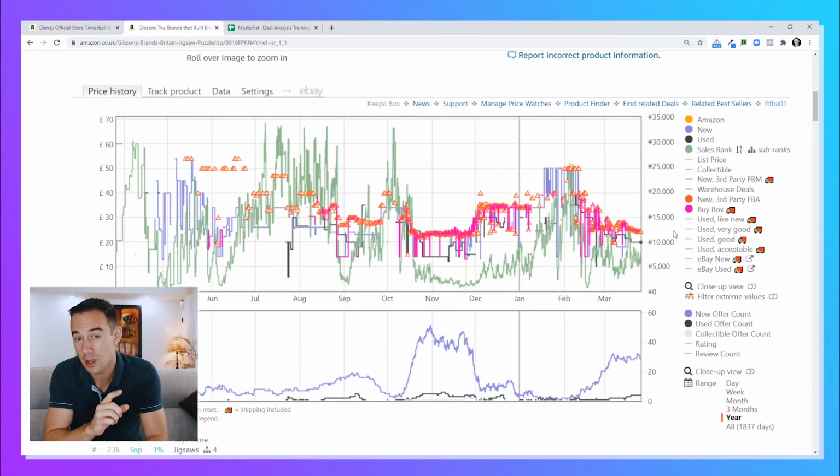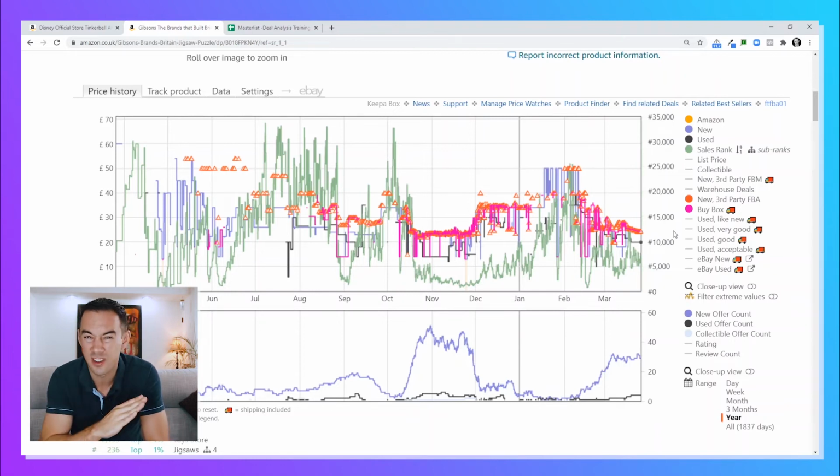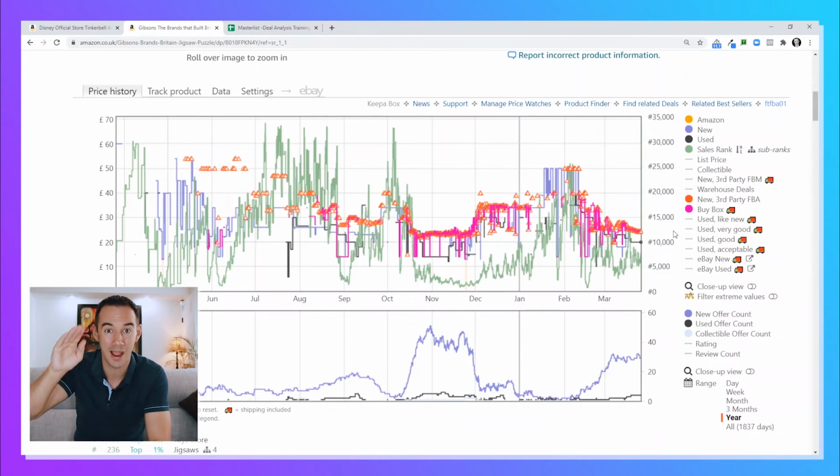I can also see, looking at the new seller count, that we had a lot of competition in November, and also we've got a lot of competition today, that historically outside of that, there hasn't been. And what's happened when the competition's dropped off? Well, interestingly enough, the price has gone up again. So what that's making me think is that if I'm willing to buy this product today and wait for that competition to sell through, because it's a high selling item, that price is going to recover, it's going to come back up again.